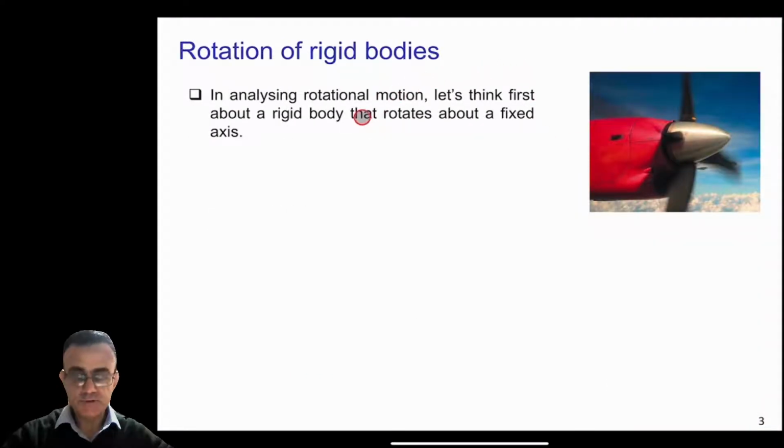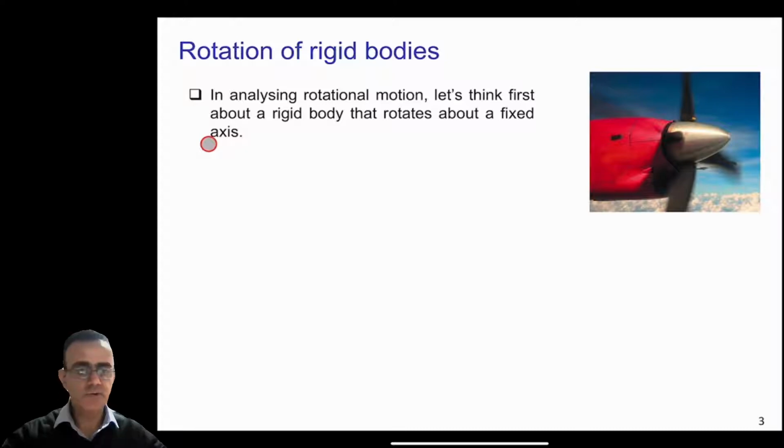Okay, so as far as the rotation of rigid bodies is concerned, in analyzing rotational motion, let's think first about a rigid body that rotates about a fixed axis.